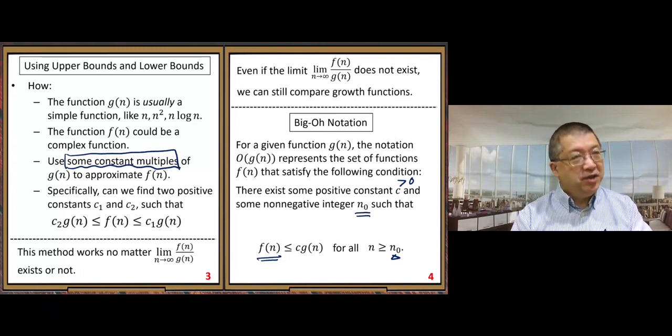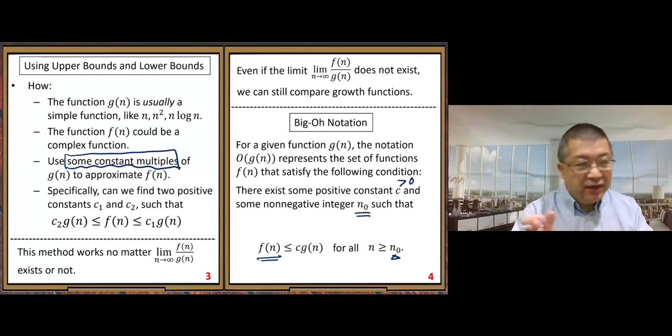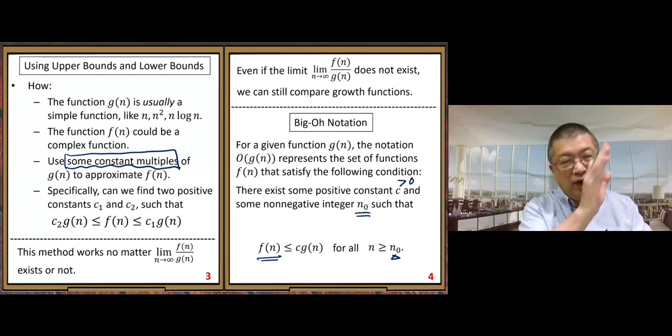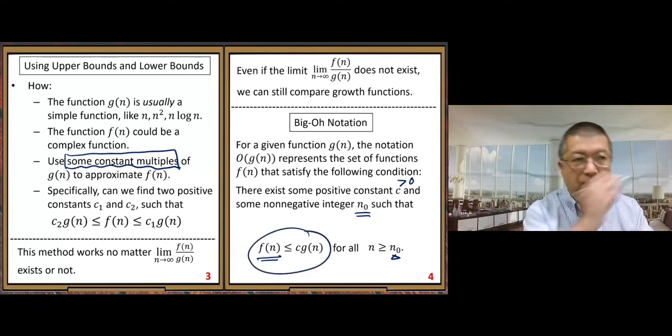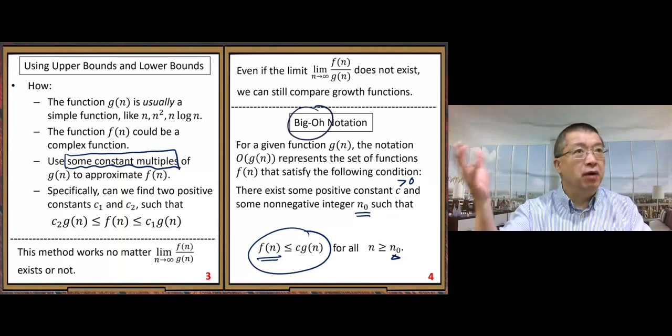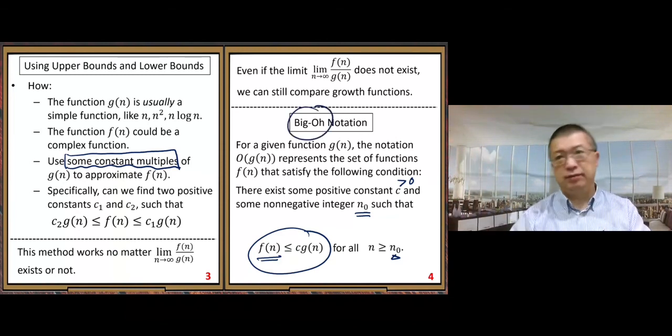Here there are two things I want to point out. The first one, we only consider the upper bound. For this big O notation, we do not consider the lower bound, only the upper bound. We don't care about the lower bound.